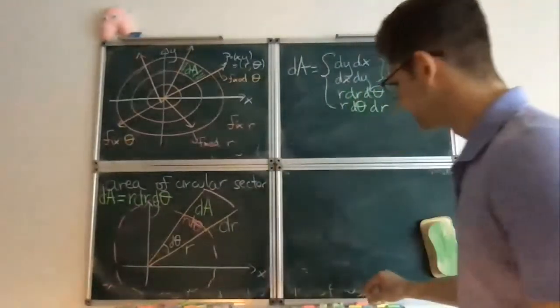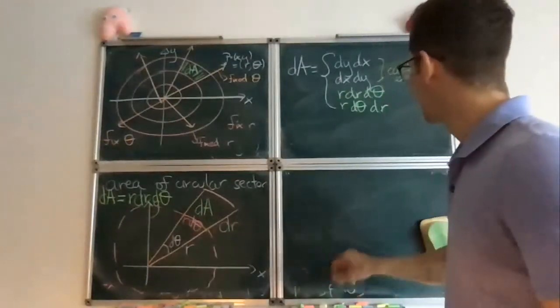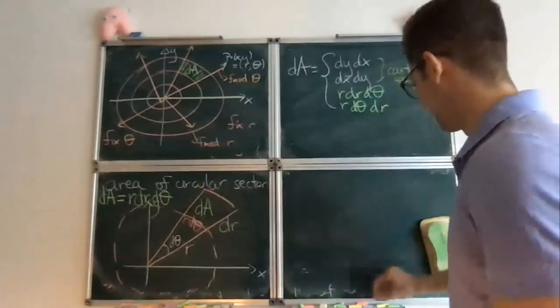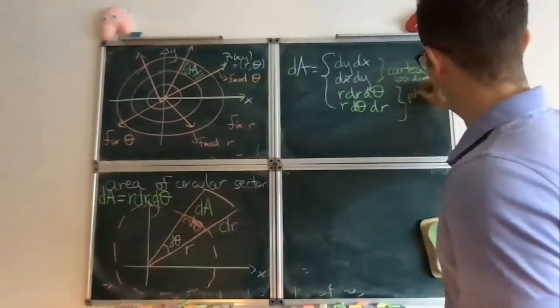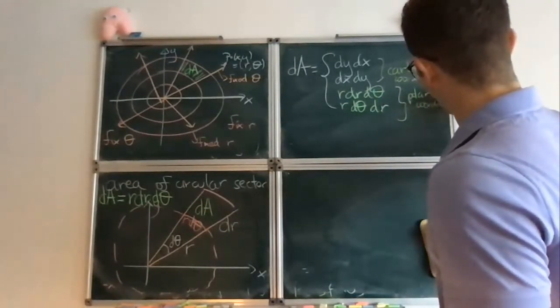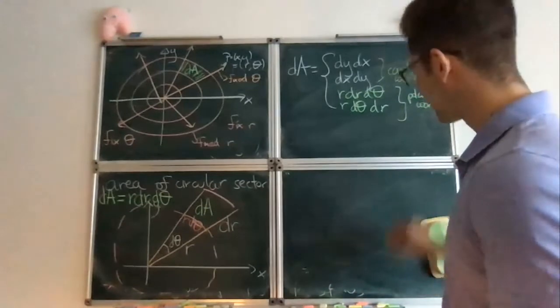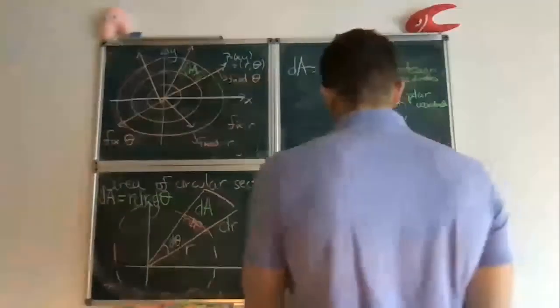Although the first one is really the most common. Let me just say this is for polar coordinates, and this one is the one that we will use the most.